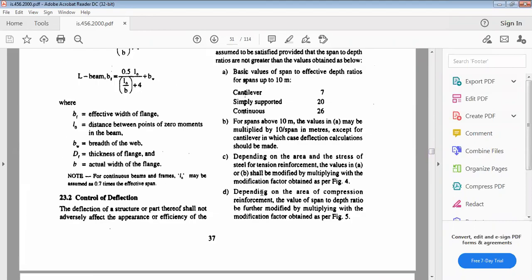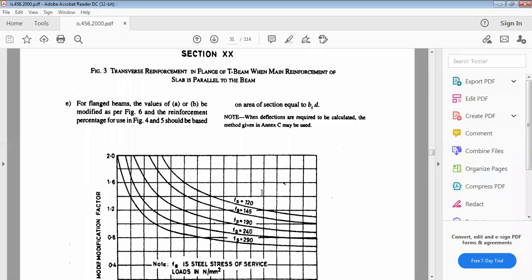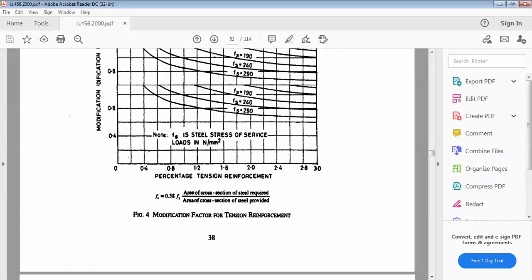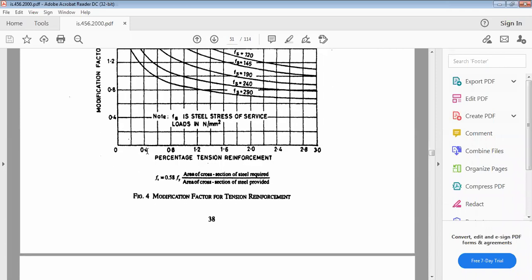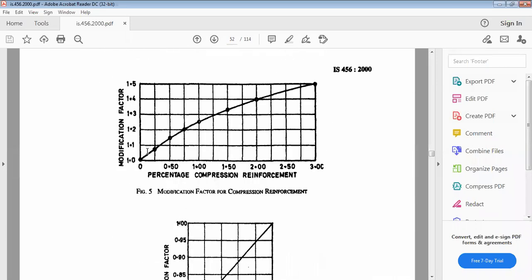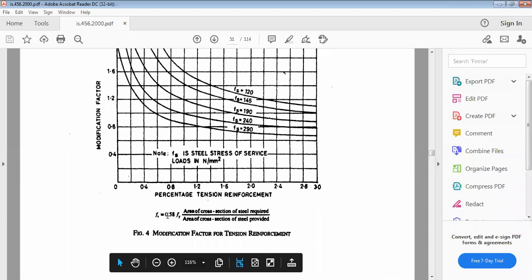This is the equation here. This is page number 38, and then you have page number 39. Now Fs is 0.58 Fy into area of cross section of steel required by area of cross section of steel provided.